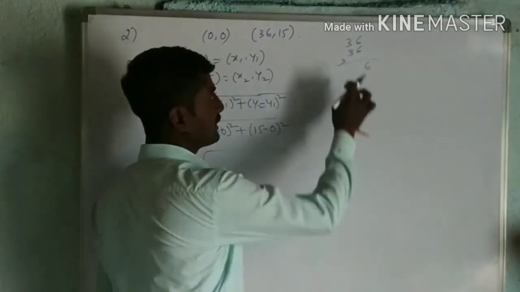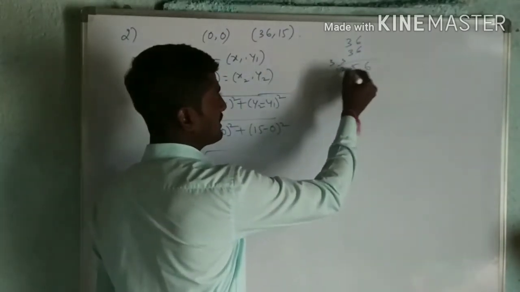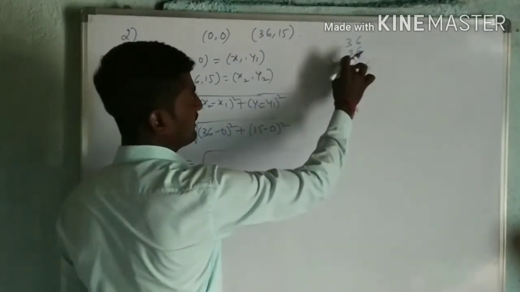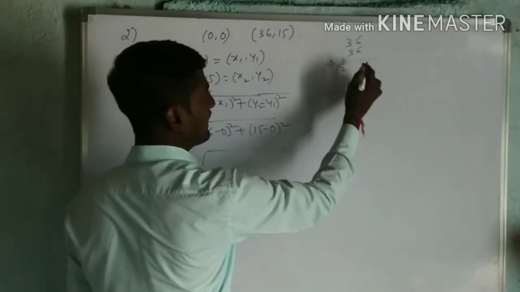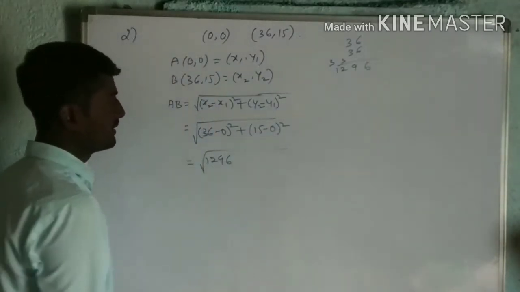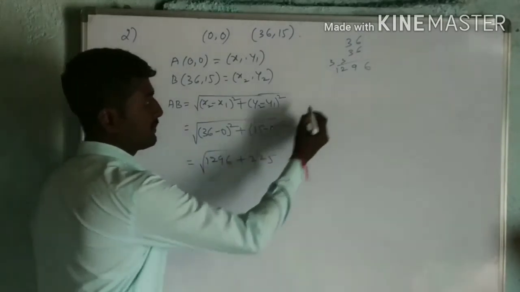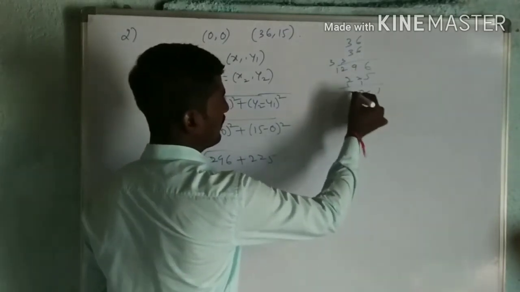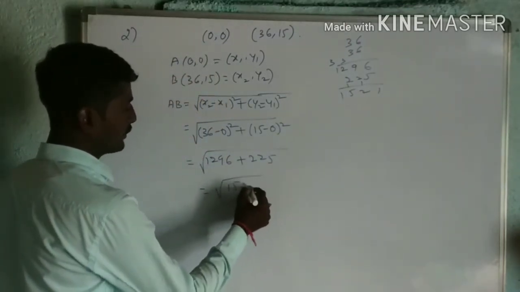That is 1296. Then 15 square, that is 225. 1296 plus 225 is 1521. This is root of 1521.